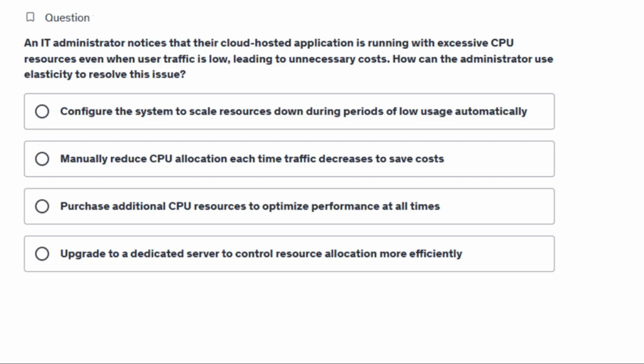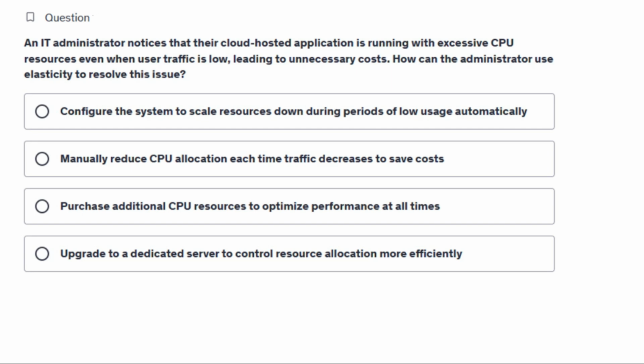Next option is manually reduce CPU allocation each time traffic decreases to save cost. Third option is purchase additional CPU resources to optimize performance at all times. And the last option is upgrade to a dedicated server to control resource allocation more efficiently.